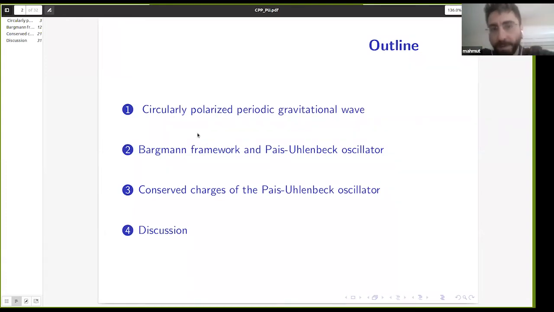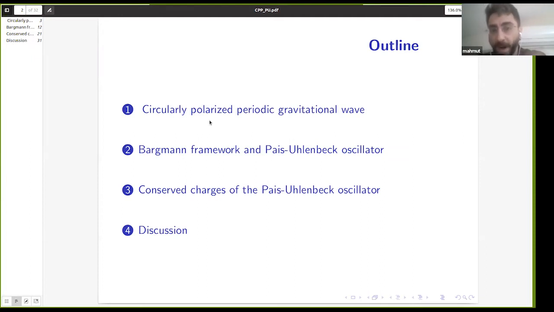So you lift the non-relativistic system and it becomes a null geodesic in this higher dimensional gravitational wave. The crucial point is that some part of the geodesic motion of this test particle in the higher dimensional periodic gravitational wave will be exactly the same as the non-relativistic motion.